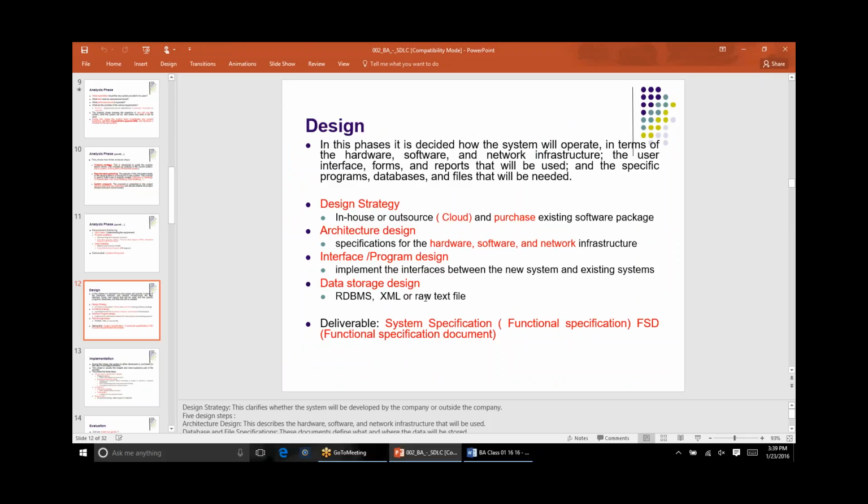What does XML stand for? Anybody knows what XML stands for? XML.